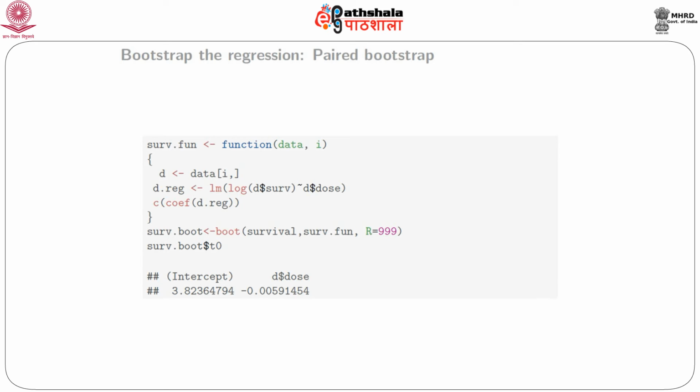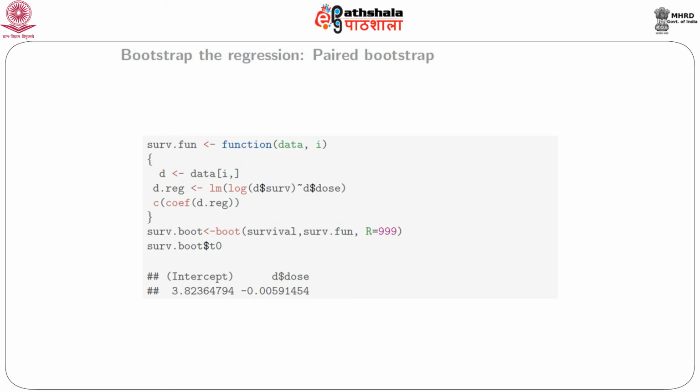So, to illustrate the effect of an outlier in the regression, we resample the cases. That is, here we perform the paired bootstrap. And how do we resample it? We create a function called surv.func, which is a function of data and i, and then d is data[i, ], and d.reg is lm(log(d$surv) ~ d$dose), and we just extract the coefficient by coef(d.reg).